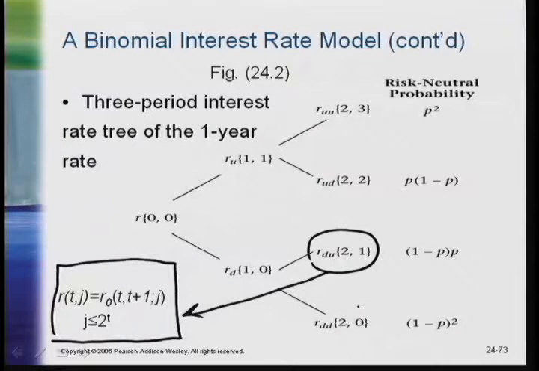So the state is, this is state 0, state 1, state 2, state 3. But each one of these interest rates is a forward rate from time 0's perspective, and the forward rate that applies from time 2 to time 3. So R00 goes from time 0 to time 1. R1, the next one, goes from time 1 to time 2.